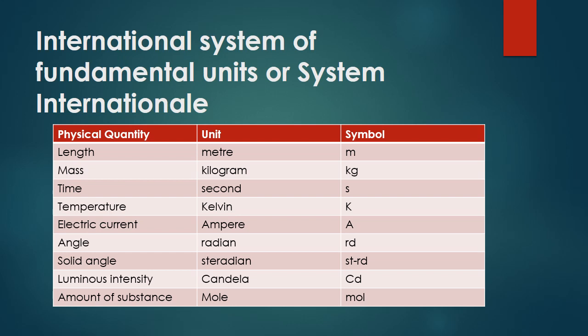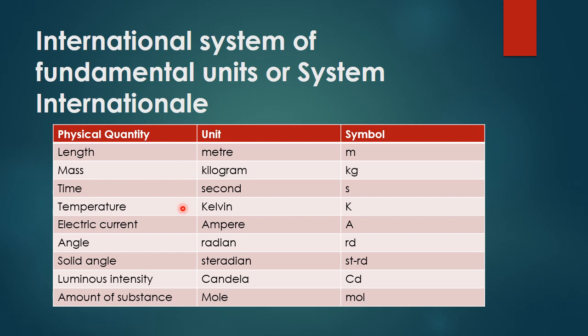There are 9 main types of fundamental quantities whose units we need to remember. 4 of these are common to almost all of you: length, mass, time, temperature. Most of us know about these. One thing I want to add: do not get confused about the SI unit of temperature. I have often seen students at lower levels getting confused about the SI unit of temperature.